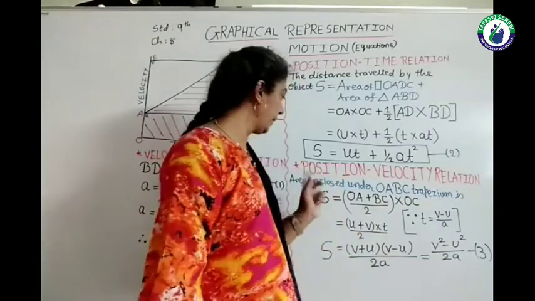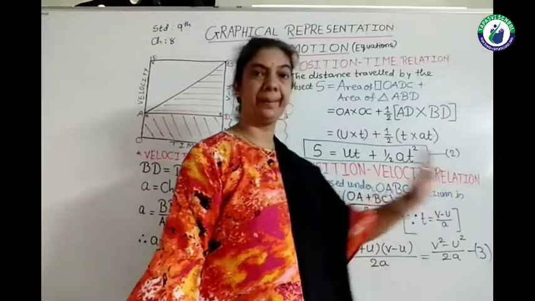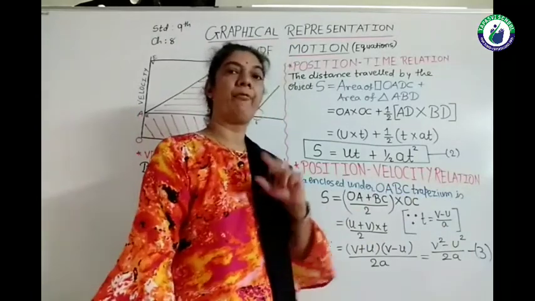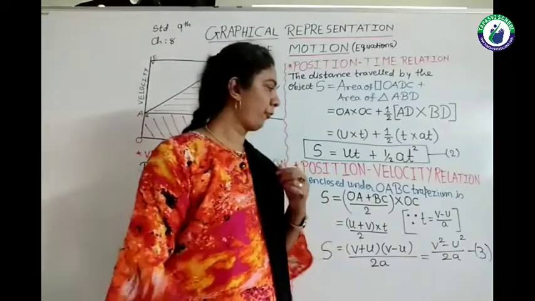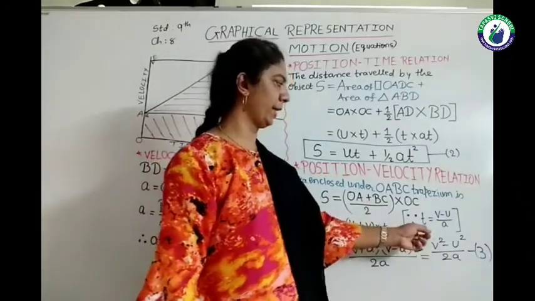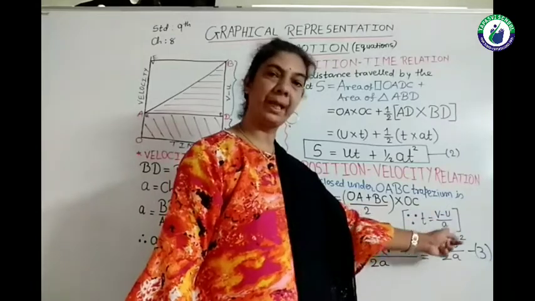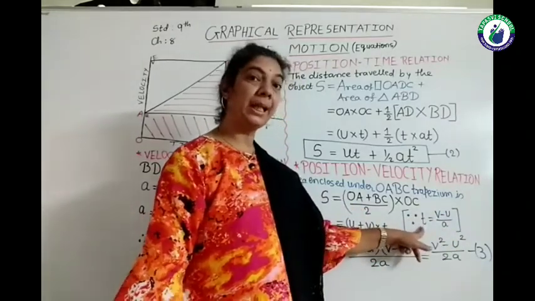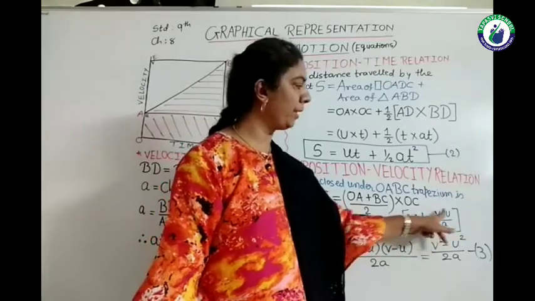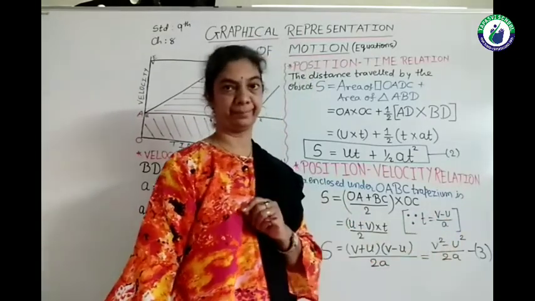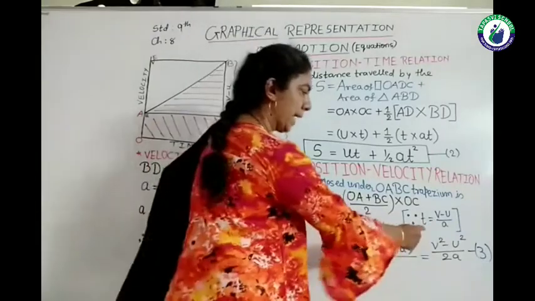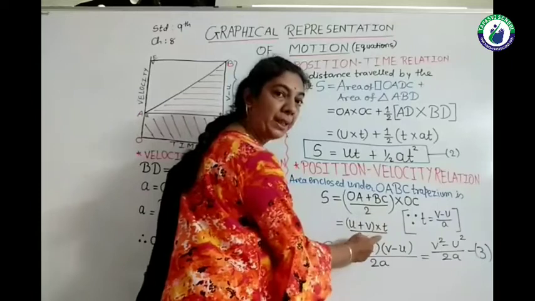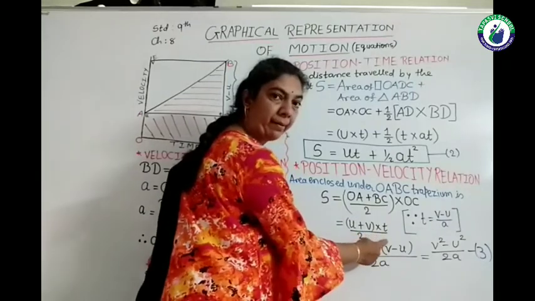Remember, I told that here I don't want time. So I have to rewrite the formula for time. From our first equation, we had a equals v minus u by t. In that, if I make t the subject, I get v minus u upon a. This time formula I have to substitute in place of this time over here.